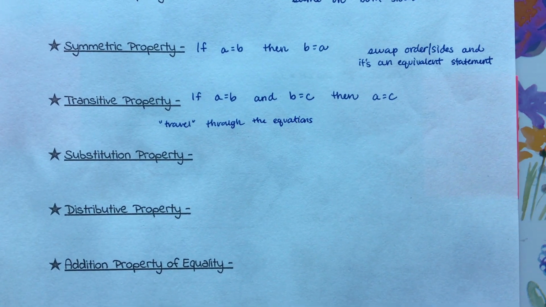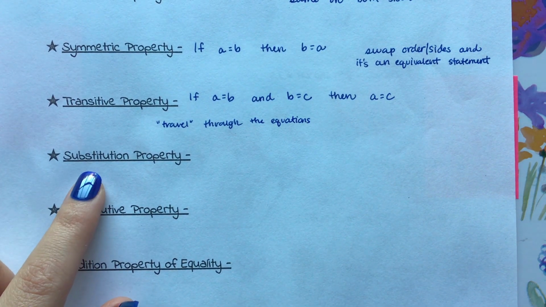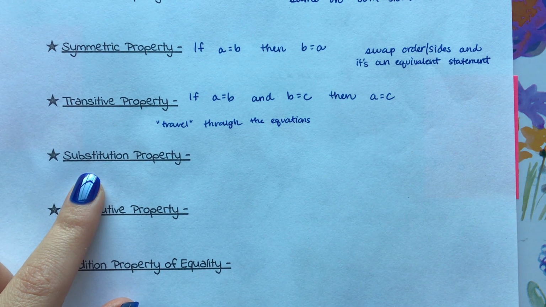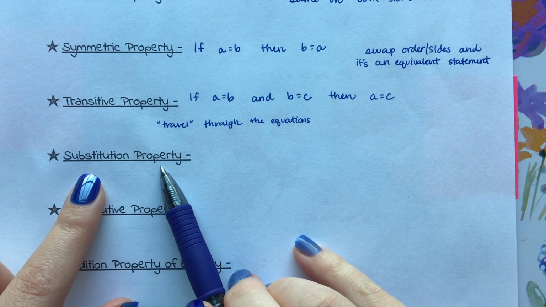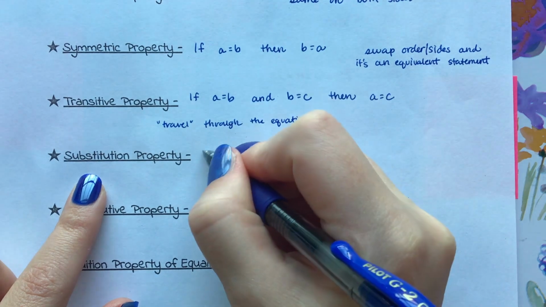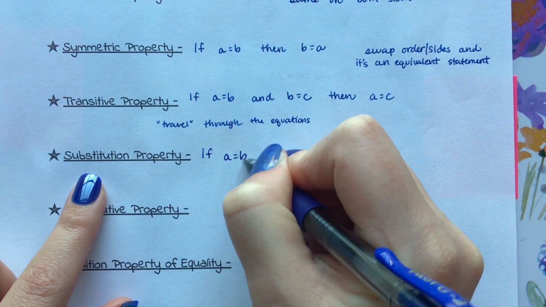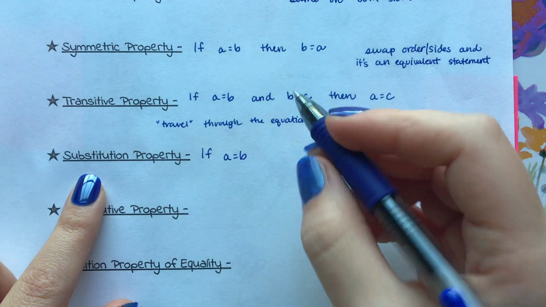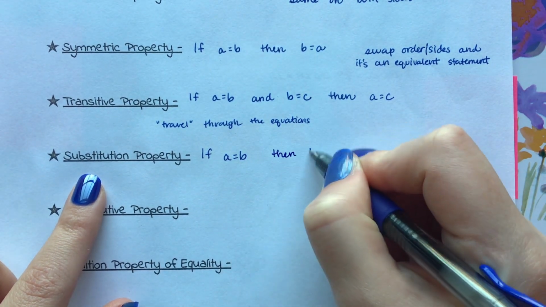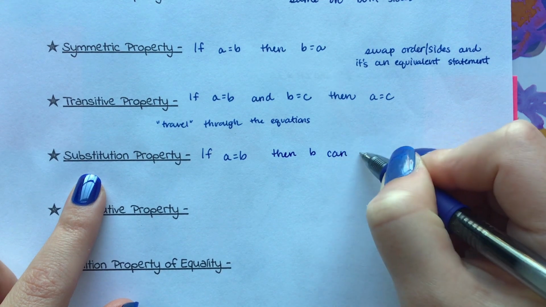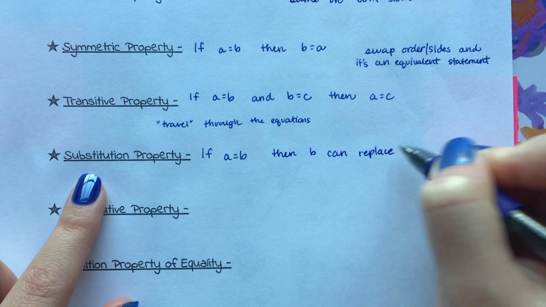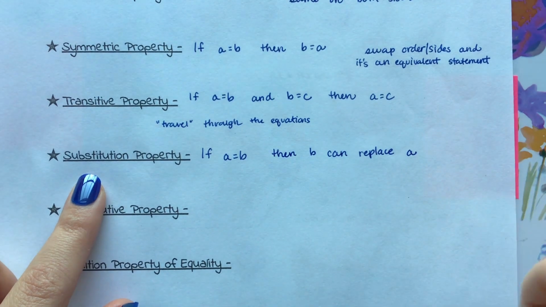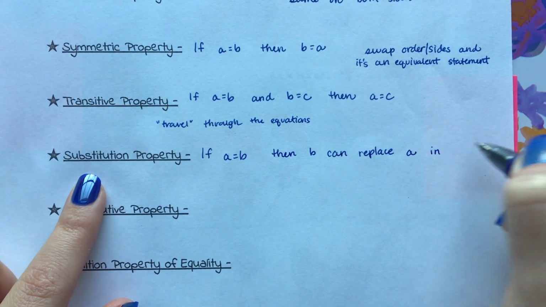These next properties you should have heard of before. We have the substitution property. You guys have been using this a lot for many years probably when you've been studying math. So the substitution property is if A equals B, so some number A is equal to some number B, they're the same number or the same value, then B can replace A in an expression.